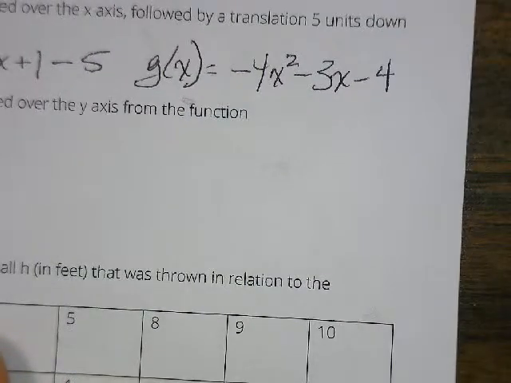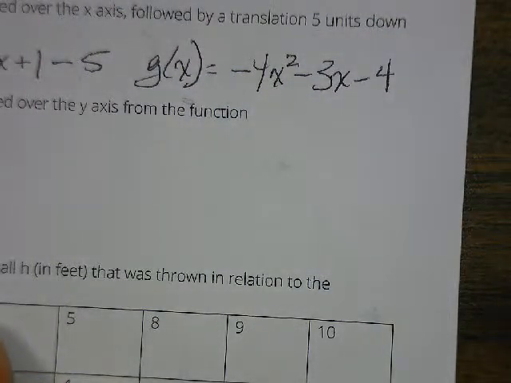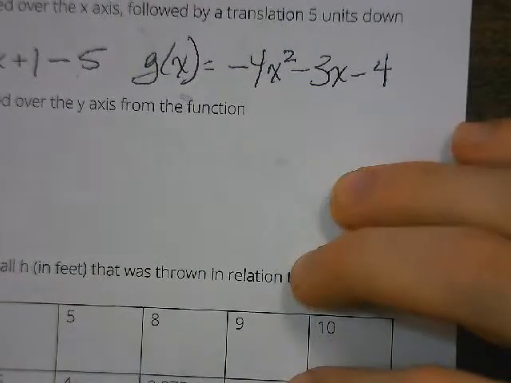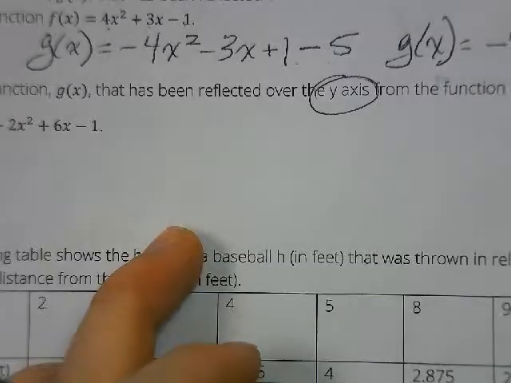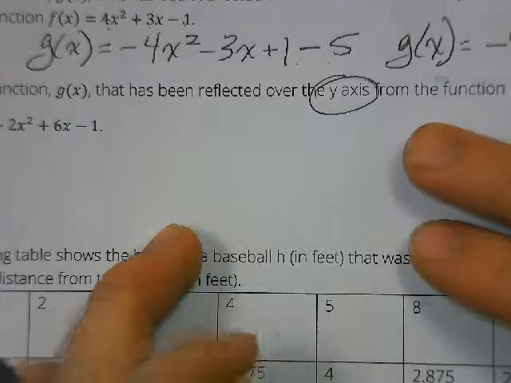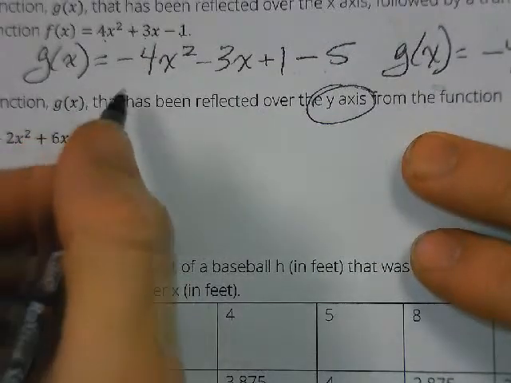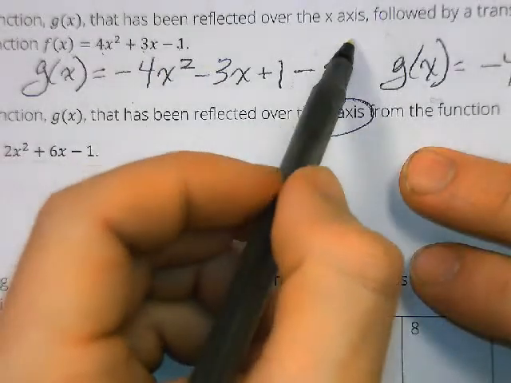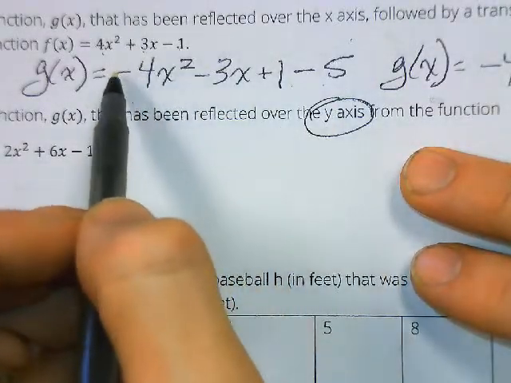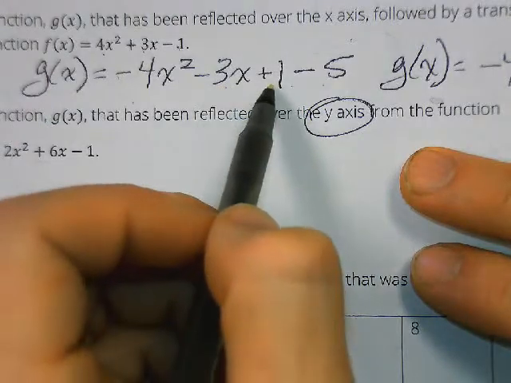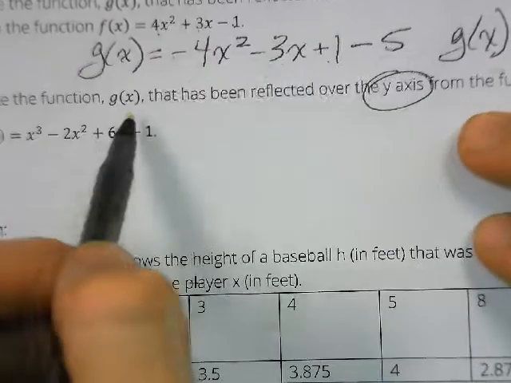And then number 4, they want us to reflect in the y-axis. So the difference here, we made our negative signs because we were reflecting over the x-axis. We made them on the outside. All of the outside signs changed. And here, we're going to stick negative signs inside of the x groupings.